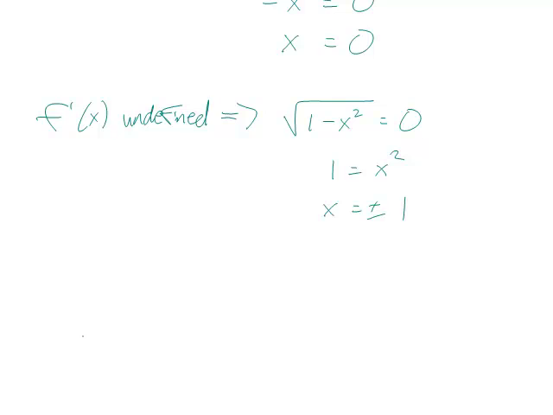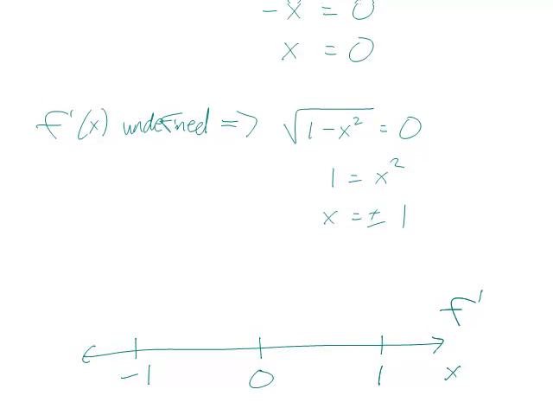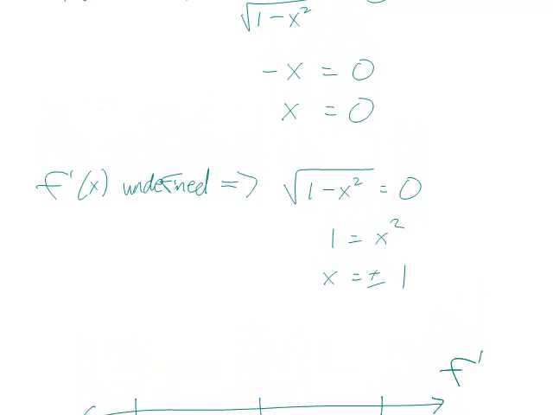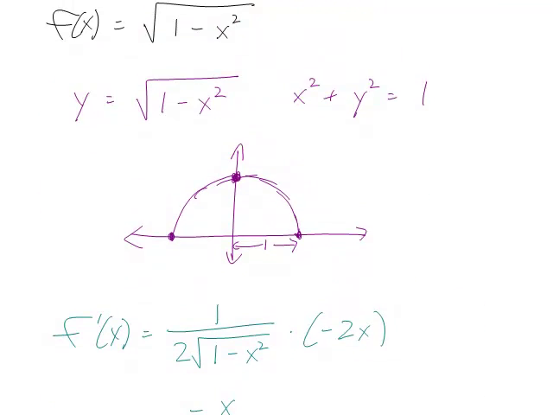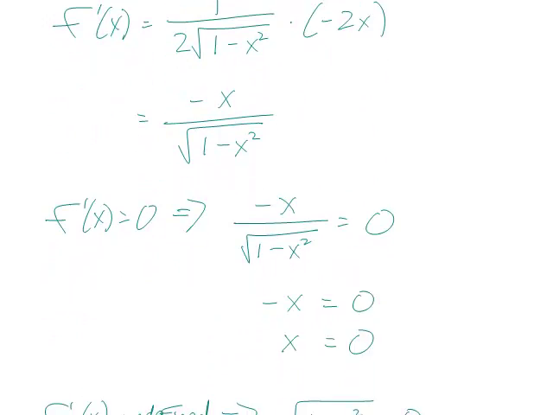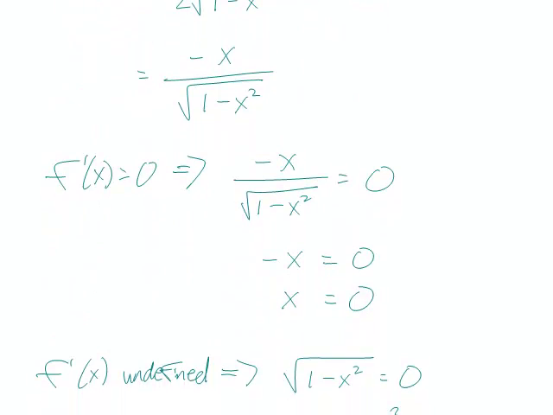Let's just do the sign chart, right? We have 0, 1, and minus 1, x, f prime. And if we plug in a number between 0 and 1, say a half, into f prime, you're going to get a negative number.